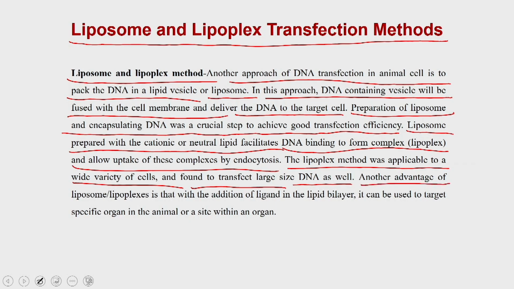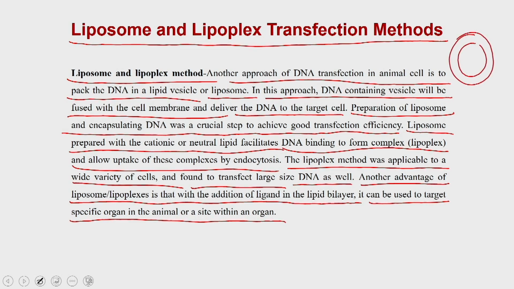Another advantage of the liposome or lipoplex is that adding a ligand in the lipid bilayer can be used to target a specific organ in the animal, or a site within the organ. Suppose you have prepared liposomes and you add a ligand, say an antigen for the liver, and you load this with the plasmids.